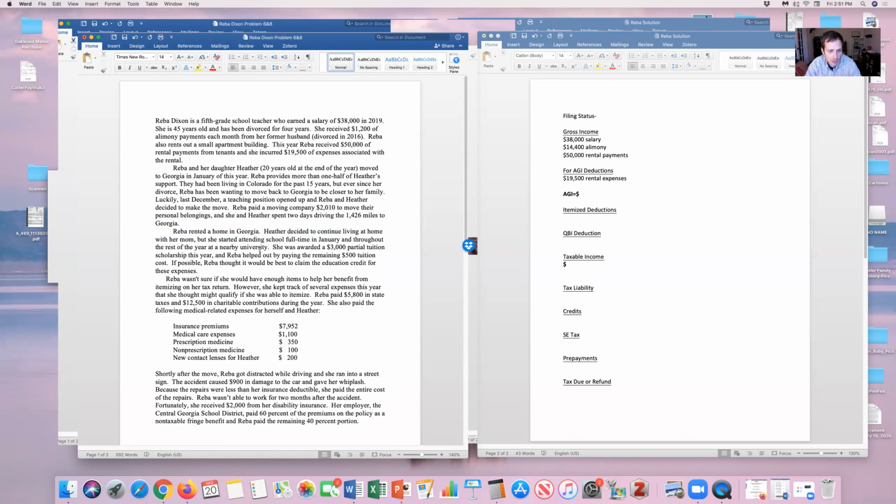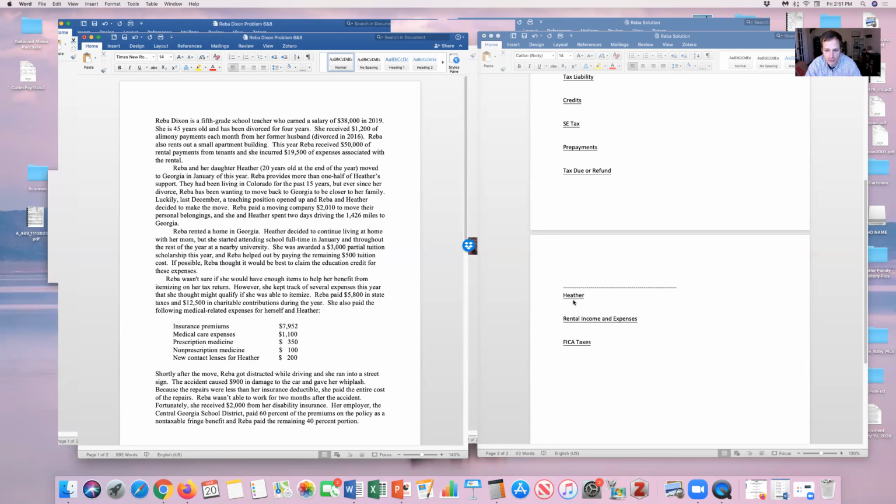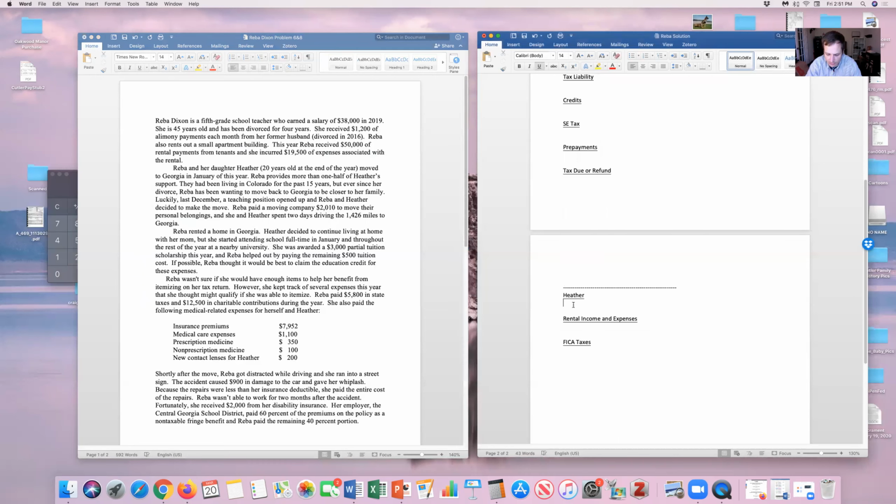All right, so now maybe we know enough about Heather to figure out if she is a dependent for her mom's filing status. So she's 20 years old, full-time student, and mom pays more than half of her support.